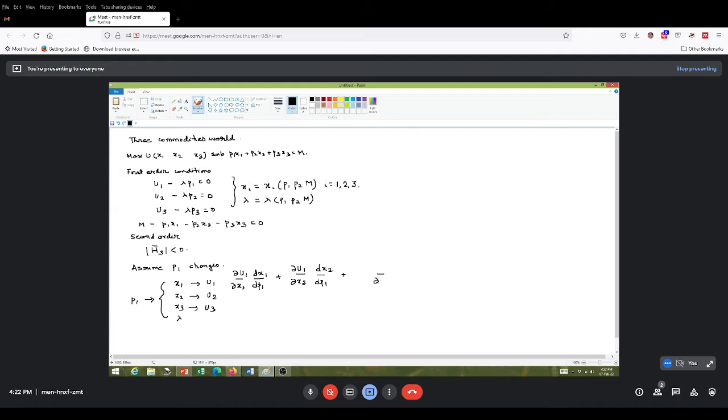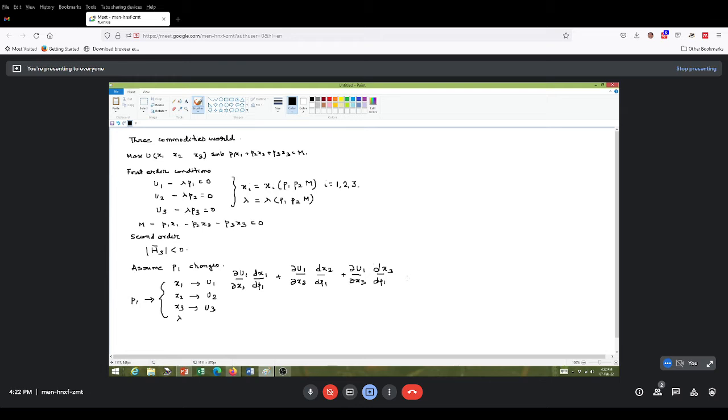Similarly, when P1 changes, this should be d, let me make it d. P1 changes, X3 changes. So when X3 changes, again U1 will change. So X1, X2, X3, we have captured this part.